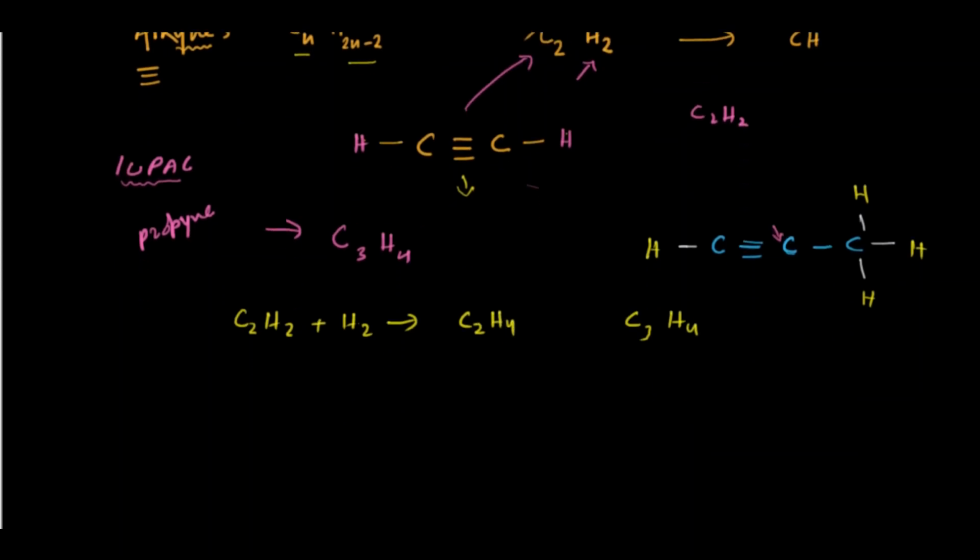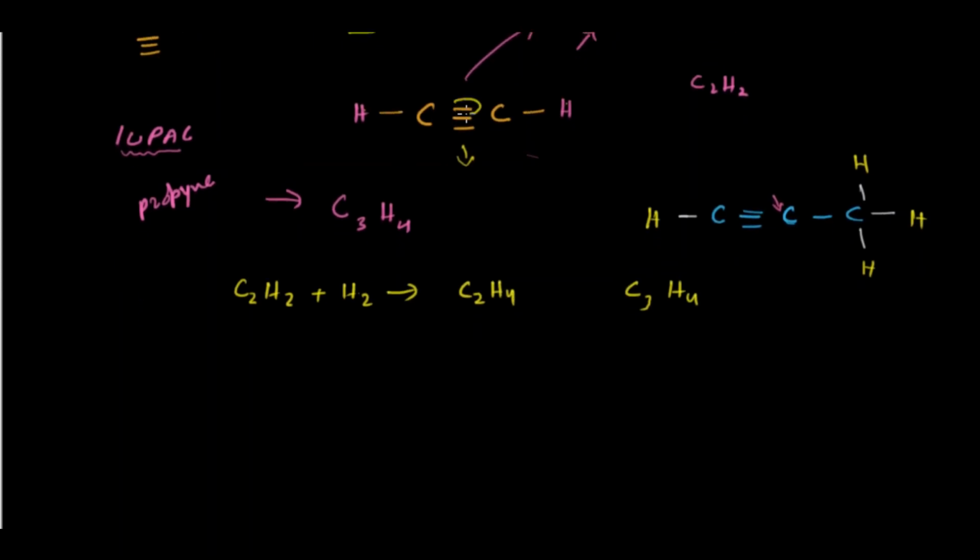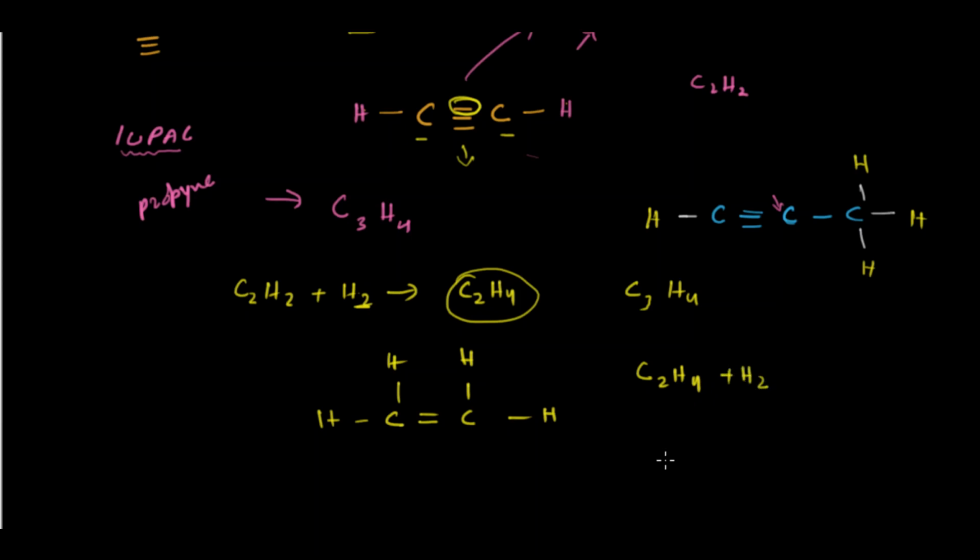You can see what will happen here. The bond between the 2 carbons will break down and create further hands, and this C2H2 is reacting with 2 hydrogens, so we can add the 2 hydrogens here. It was unsaturated, we added 2 hydrogens, and now it becomes an alkene. When you add a further 2 hydrogens to this alkene, it will become an alkane.